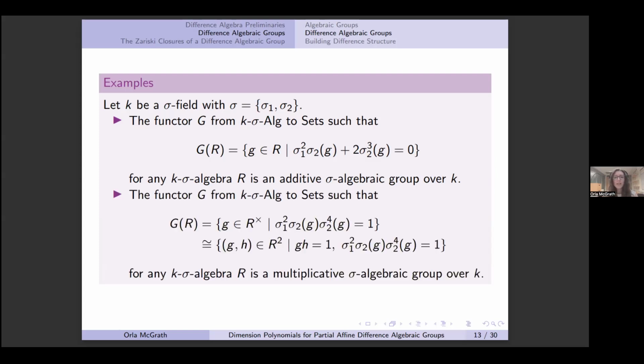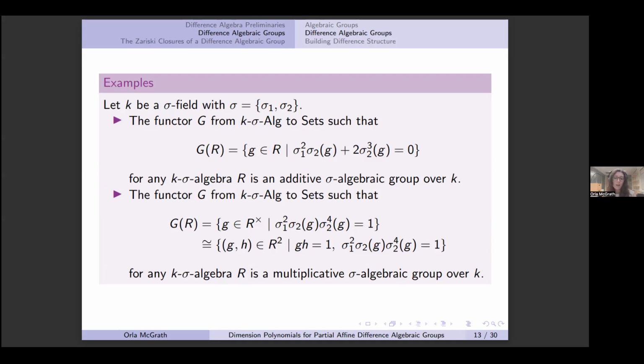We can also see an example of a multiplicative group. Say we take all the invertible elements in our difference algebra that satisfy this relation where we have some monomial equal to 1. To write this strictly as the zero set of some polynomials, rather than saying let's take the invertible elements, we introduce this element H, which is going to be the inverse of G. So we set that G needs to be invertible and that it needs to satisfy this monomial relation.